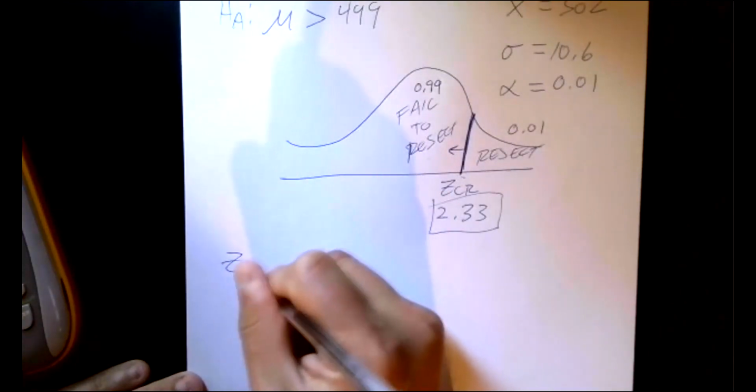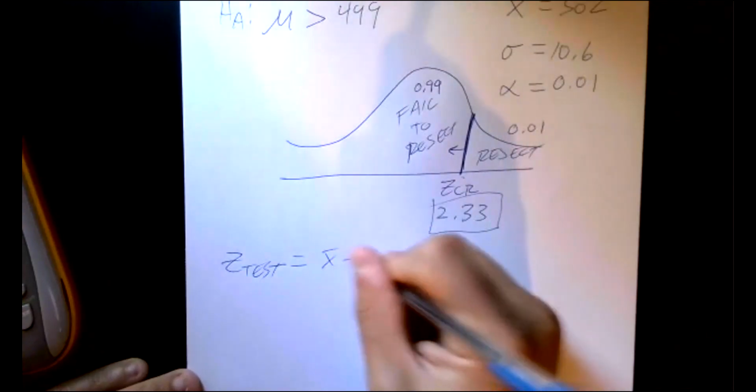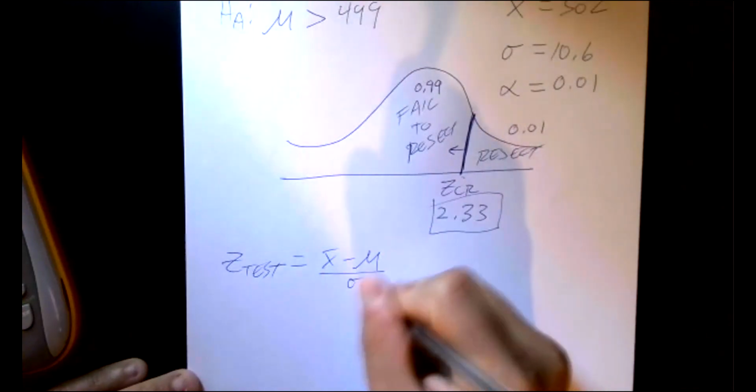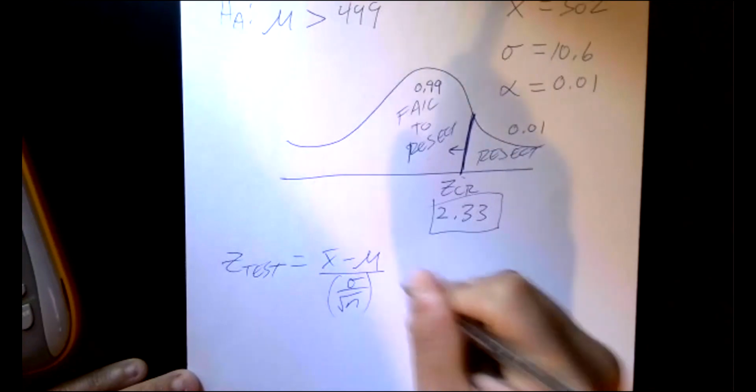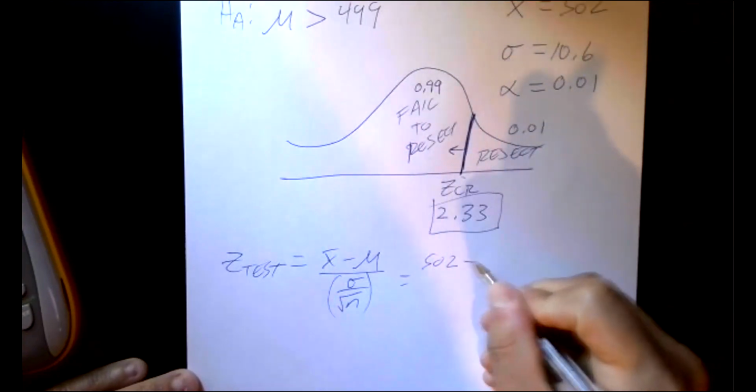Compute the test statistic. Sample mean is 502. Population mean is assumed from the claim, 499.